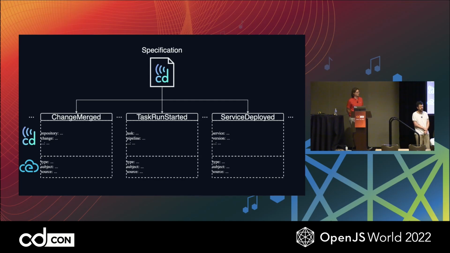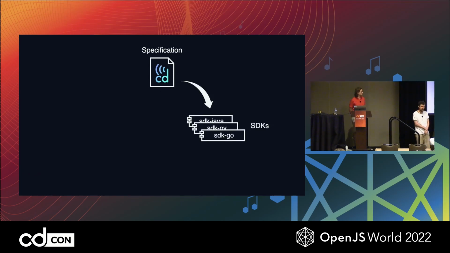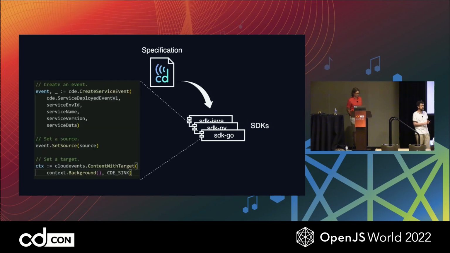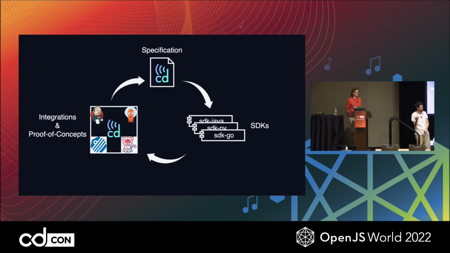With this specification, we can then build SDKs in different languages for different platforms, and these SDKs provide integrators and developers with a nice experience producing and consuming events to just make life easier. And with these SDKs, we can build integrations and proof of concepts. We are not going to be demoing much integrations today.